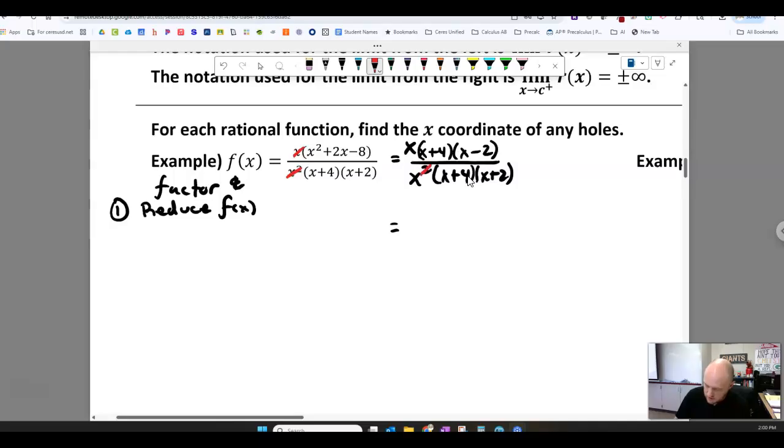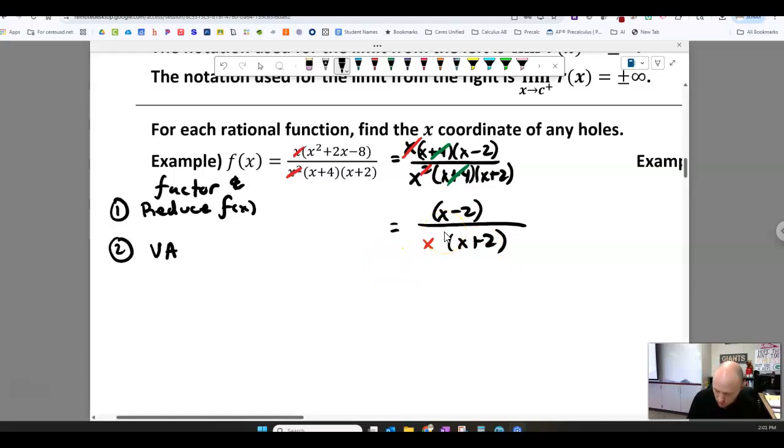I can reduce an x, so in my denominator I have an x. In my numerator, x plus 4 canceled out, and what survives is x minus 2. Then I have an x plus 2. I also want to do this from the lens of an asymptote.